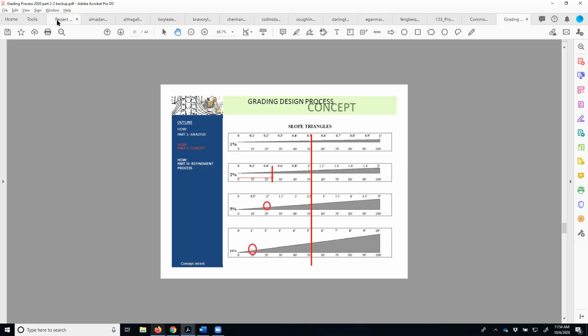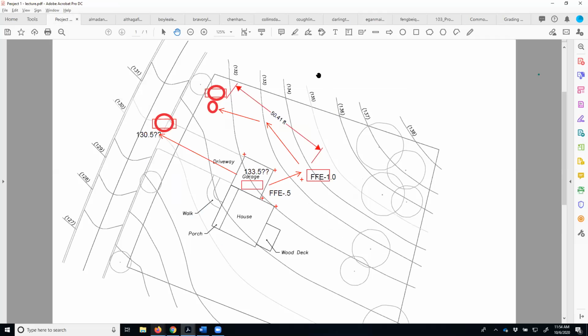So now if I go back to my project here, my elevation down here is pretty much already fixed. We know that one. If we're going to make that our low point of swale, that's going to be about 131.5.